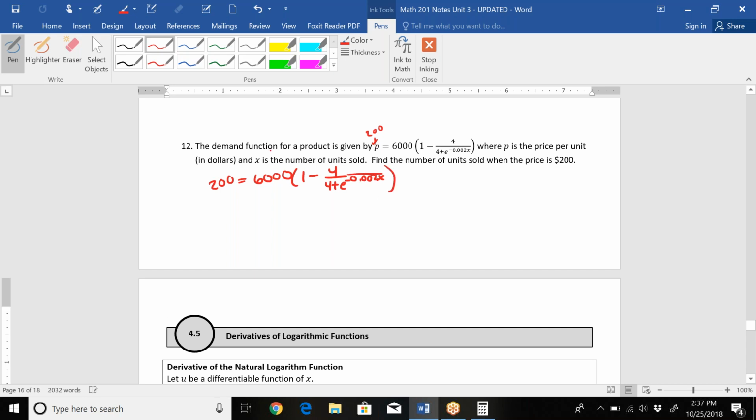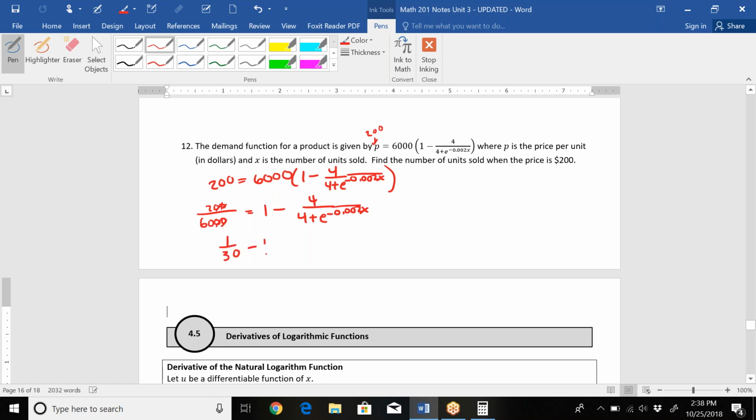I would divide by 6,000 first, so that's going to be 200 divided by 6,000 equals 1 minus 4 over 4 plus e to the negative 0.002x. So then this would reduce to 2 over 60, so that's 1 over 30.